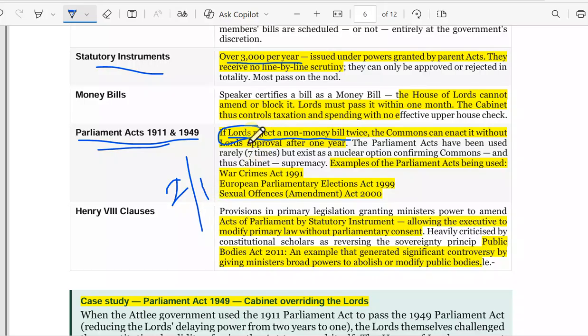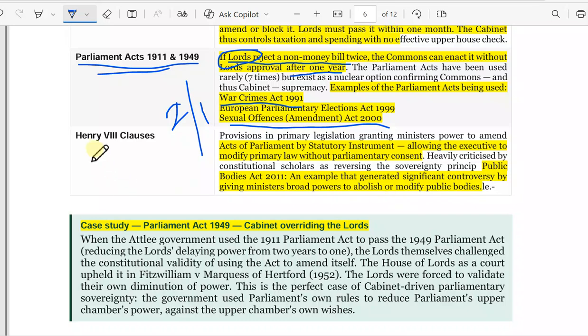Before that, the House of Lords could delay a bill two times in 2 years. So it limited its power after 1 year. Examples are like the War Crimes Act and the Sexual Offences Act 2000. Henry VIII clauses are also very interesting: these are provisions in acts of parliament that allow the executive to modify the law by statutory instrument without parliamentary consent.